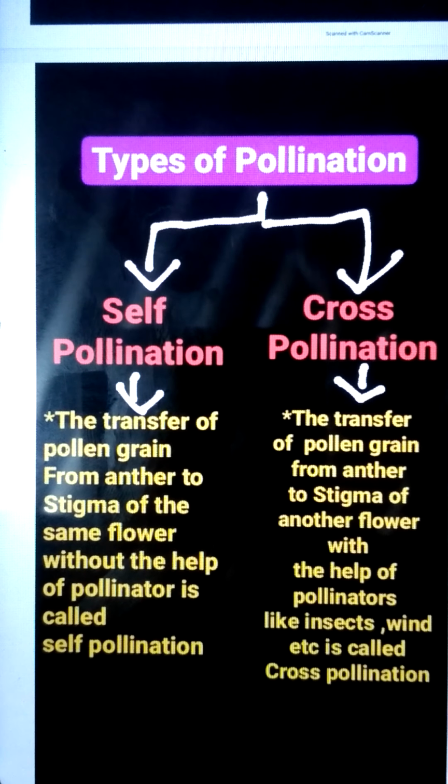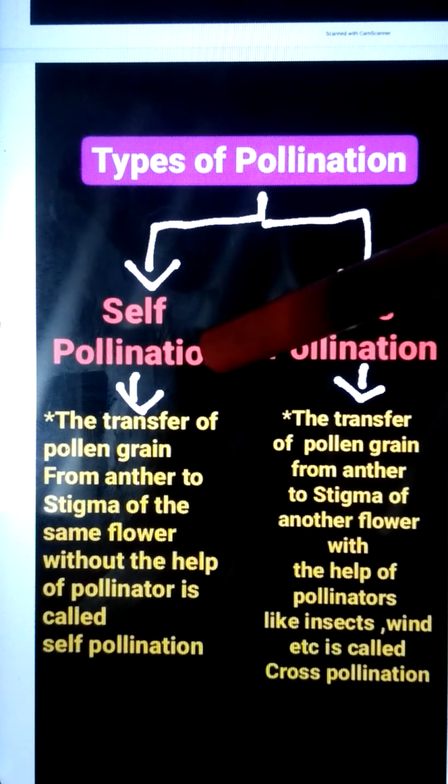So in this, what they have said is that the transfer of pollen grains from the anther of one flower to the stigma of another flower with the help of pollinators like insects, winds, etc. is called cross pollination. So you now get two types of pollination.